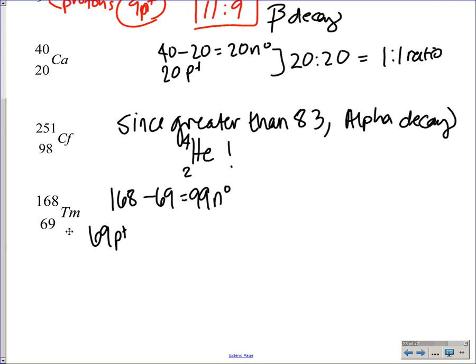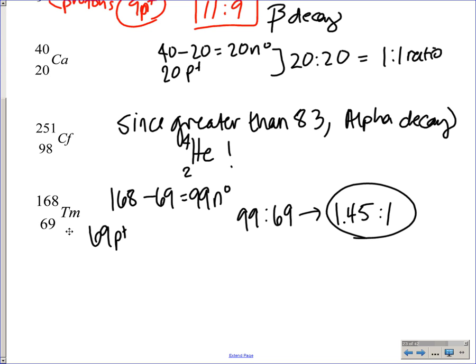Then taking the mass, you take 168 minus 69, which is equal to 99 neutrons. So when you throw these in a ratio and calculate, you have a 1.45 to 1 ratio.